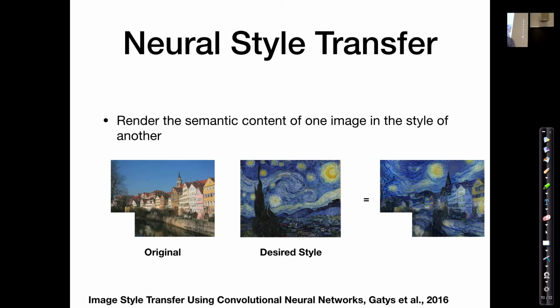So that's something that could probably be found in a very early layer. Whereas something like this, whatever that thing is, or the stars, or the swirling look to it, is probably happening in a later layer. So we want to capture the style everywhere, at both earlier layers and at later layers.